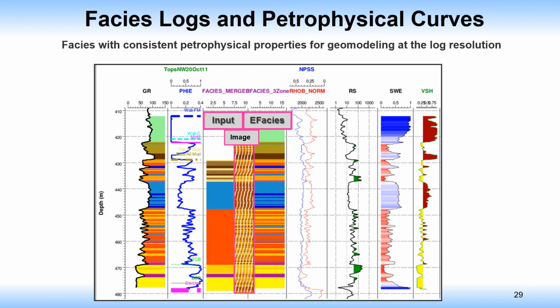We'll go into more detail, but basically here's a visual interpretation of core and image data, and here's an electrofacies. So there are different kinds of logs, but the key is that we want facies that are consistent with the petrophysical information. So we have sharp high-res models, and that the multi-scale sampling can be done efficiently and properly.